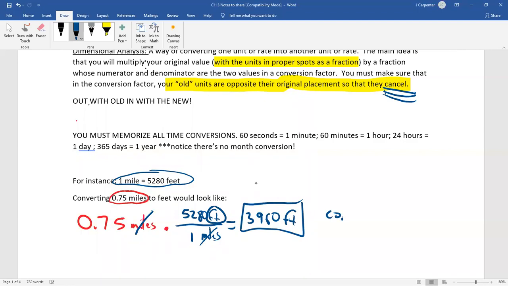So this was correct. How do I know it's correct? We say, does it make sense? Well, 0.75 miles is less than 1 mile. So when we convert it to feet, well, 1 mile is about 5,000 feet.